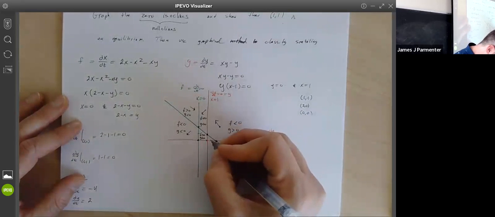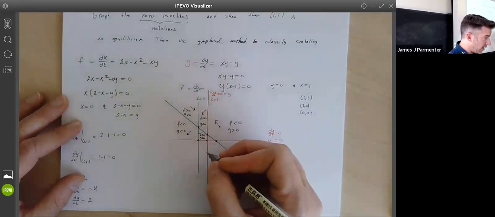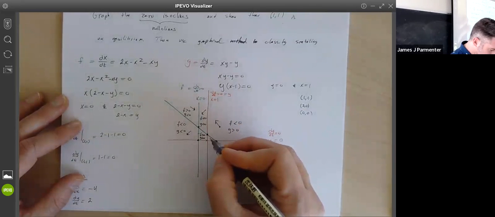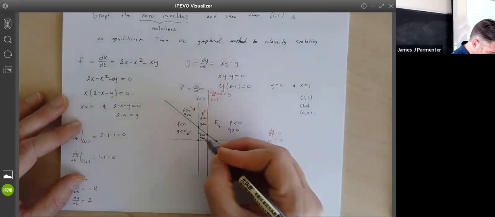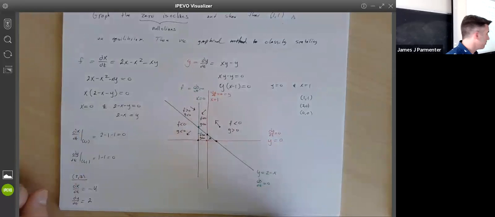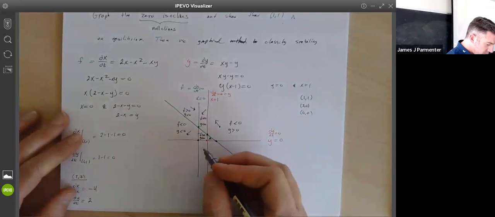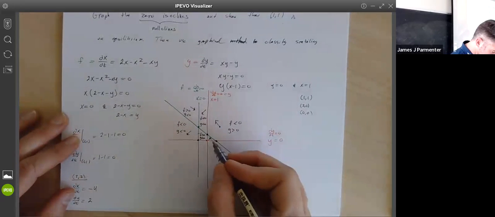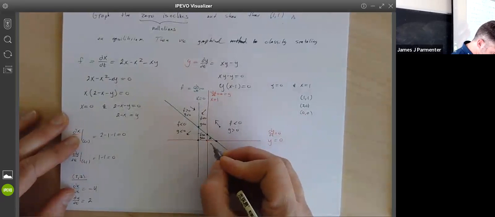And so right there, I'm just going to draw the arrows. If I cross this red one, y is going to change. So instead of being right and down, I'm going to be right and up. And we could do more, right? If I cross this y one here, I'm going down instead of up.